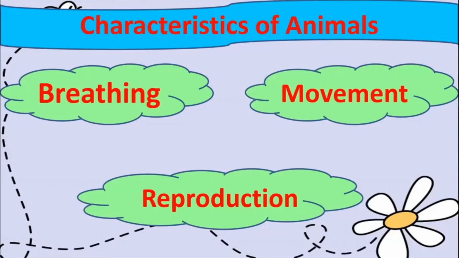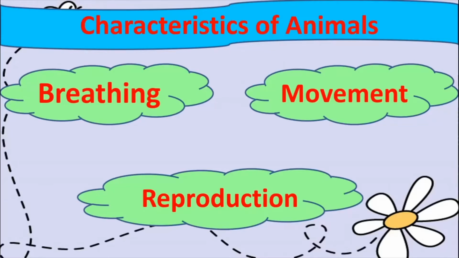We are going to talk about breathing. What is breathing? Taking in air and letting out air through our nose is called breathing. Movement means going from one place to another. And reproduction is what? I will show you using pictures.